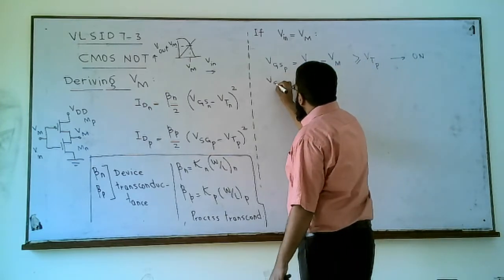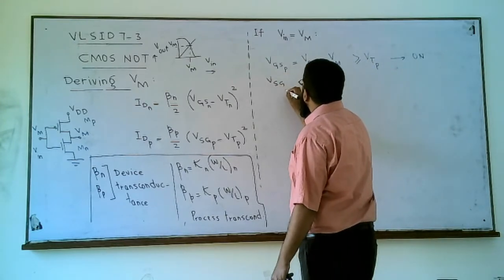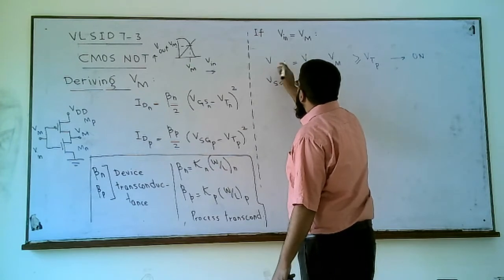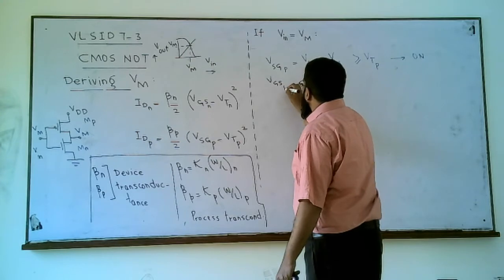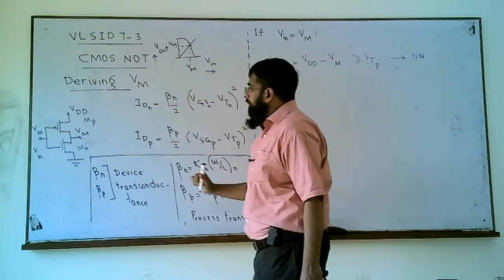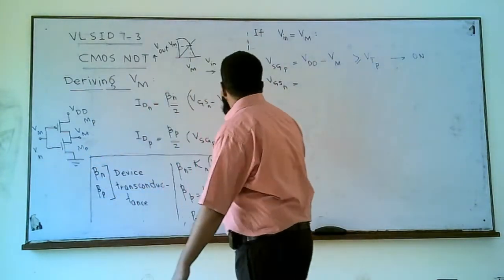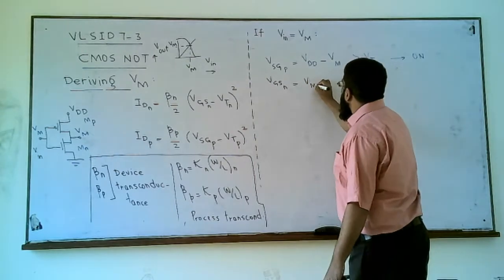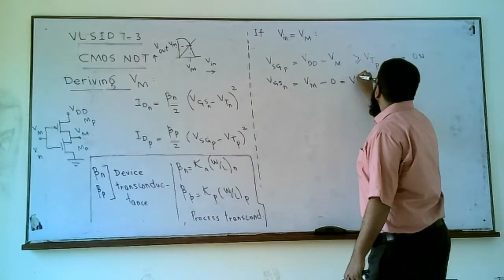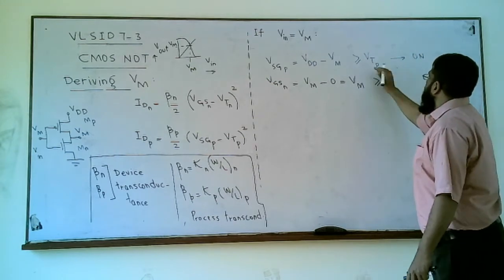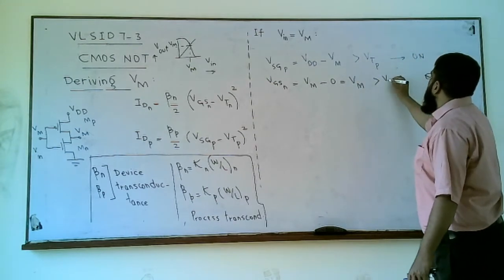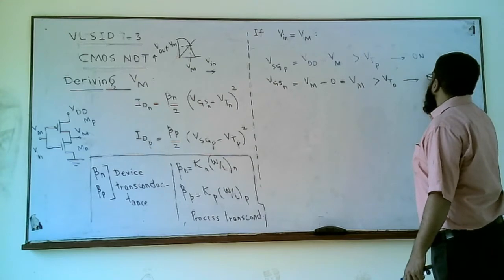What about this? This is VSGP and this is VGSN. What is VGSN? VM minus 0. So VM minus 0, this is VM, and of course it is greater than VTN, and this is also on.